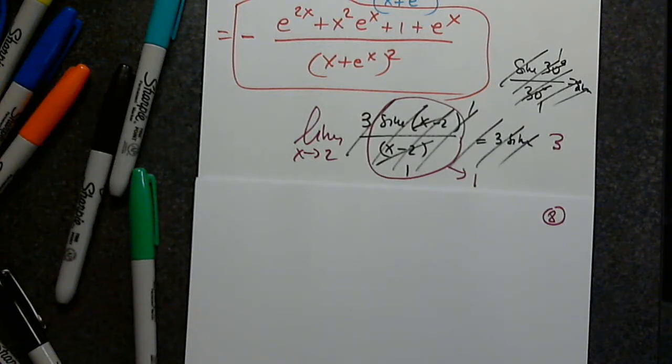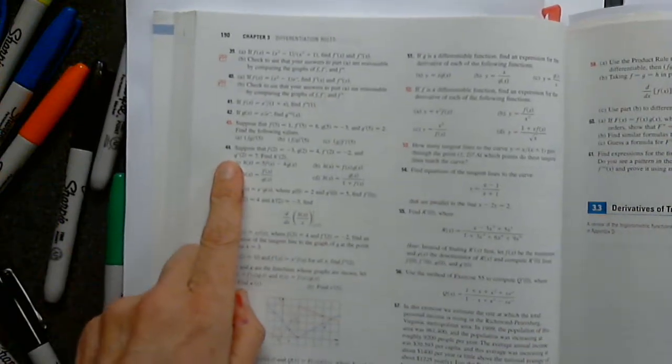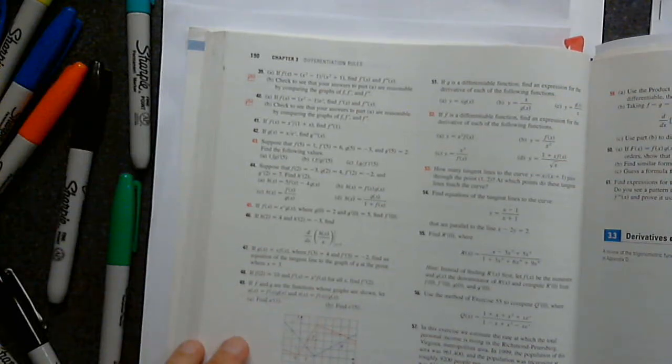Any questions about the product rule and the quotient rule? Any questions so far? Okay, let's take a look. We have several examples here in which I would like to practice. Problem 44, for example. We are given information and we are asked part A, part B, part C, and part D. This is an important type of problem in order to understand how to differentiate a product or a quotient.